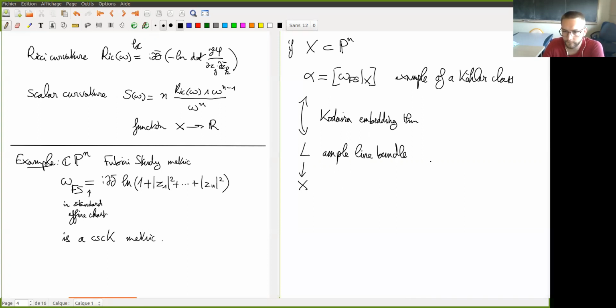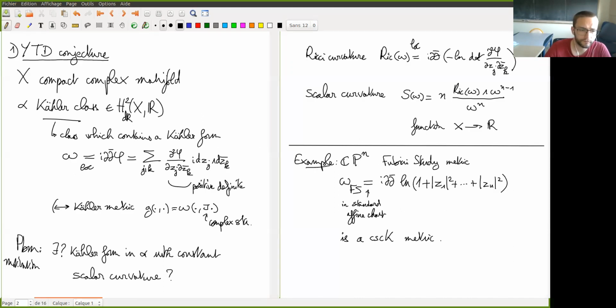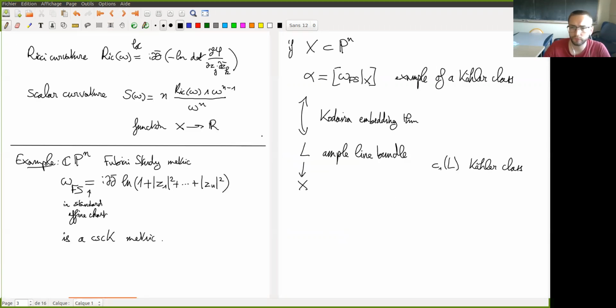And then the first Chern class of L is a Kähler class. So the previous problem makes sense whatever the Kähler class, but for the results I will mention, most of the time I will restrict to the algebraic situation where the Kähler class is coming from an ample line bundle. That's the polarized in the statement.